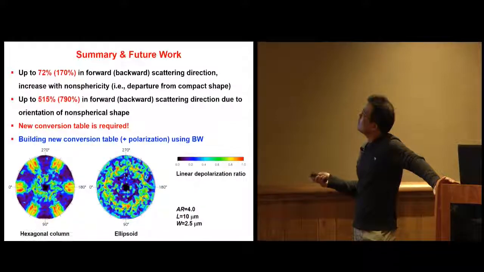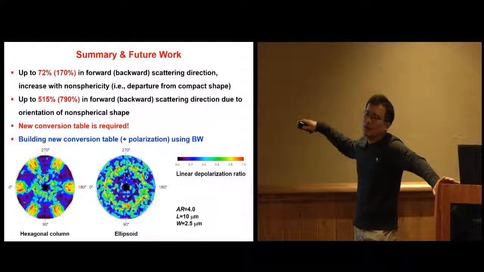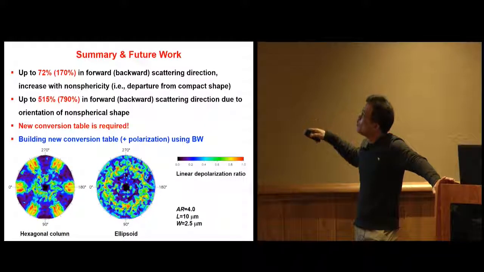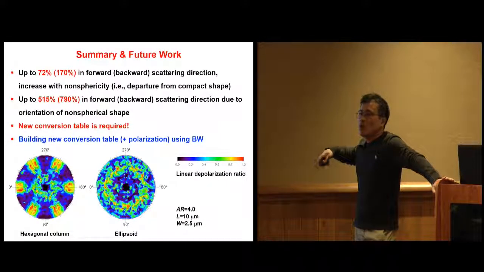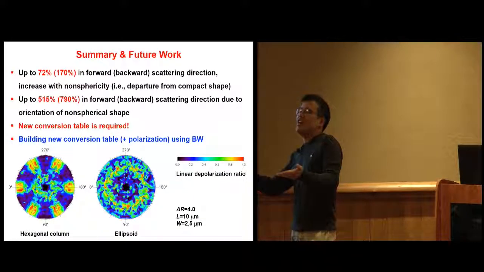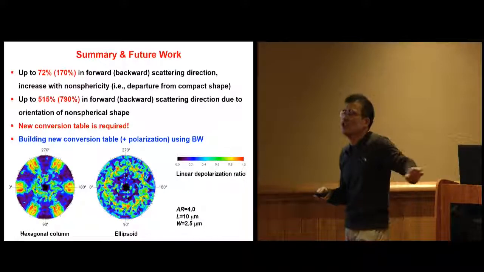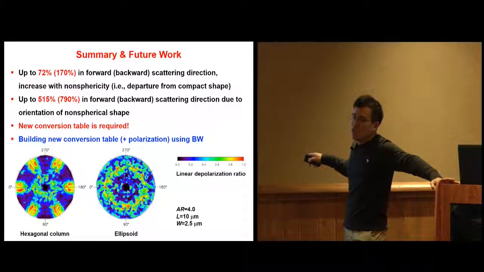Okay, this is my summary. I showed that there is a large error in forward scattering probe measurements when we consider the orientation average. However, when we go further and consider orientations of non-spherical ice crystals, such errors can be much larger.